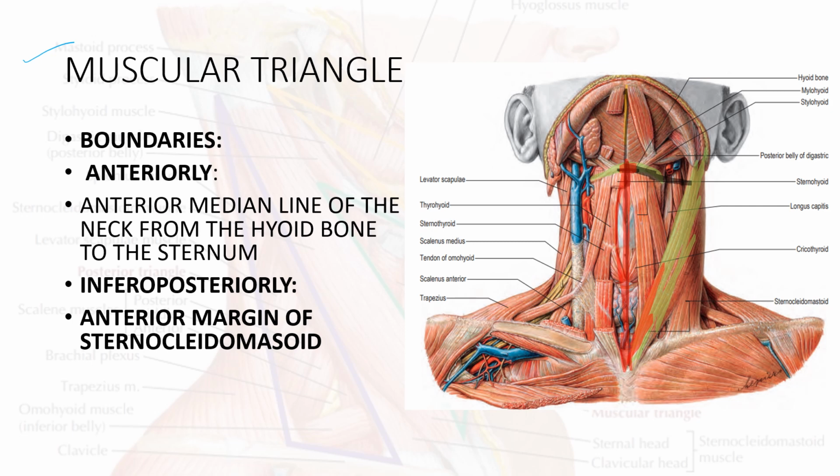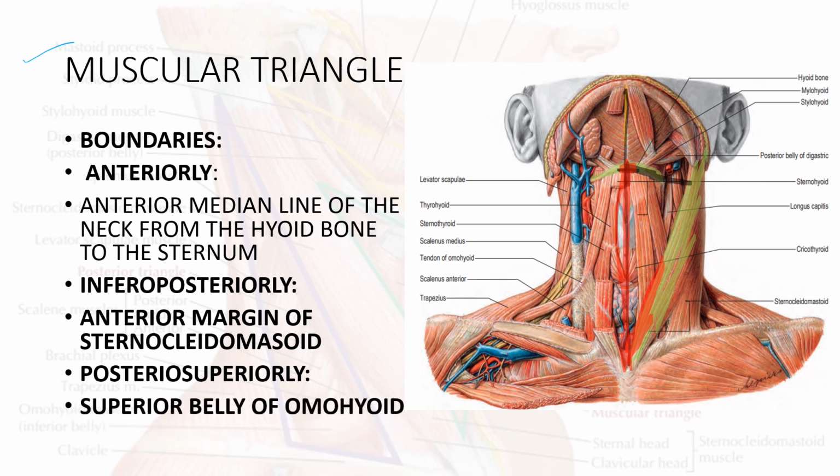This one is the sternocleidomastoidus, and posterior superior is the superior belly of digastric. So again this is the digastric muscle, and this is median plane, this is anterior side, this is posterior side. So here we can appreciate this triangle.